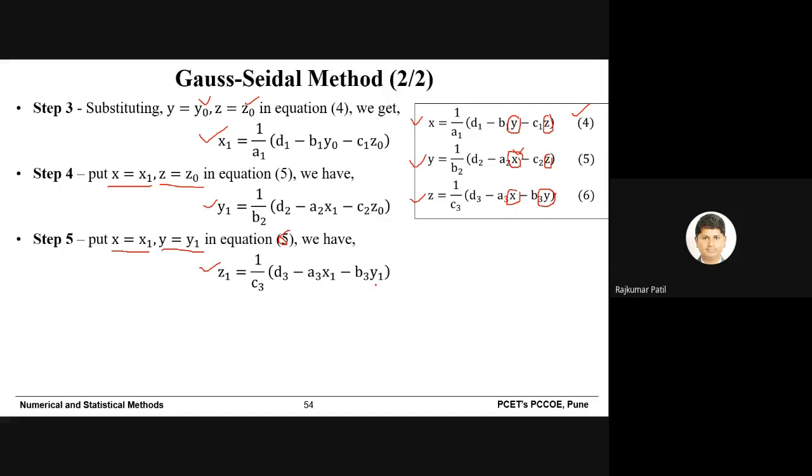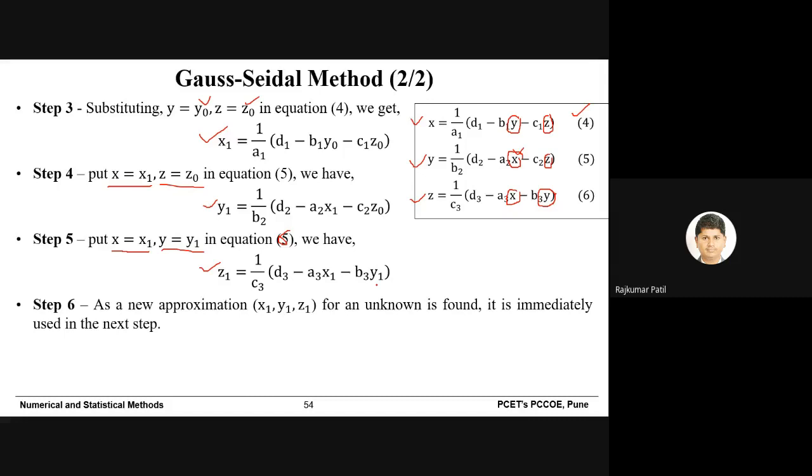So this is how you can calculate the first iteration values for x, y and z, that is x1, y1 and z1. Now we can use these values of x1, y1 and z1 to calculate the next approximations, that is x2, y2 and z2.